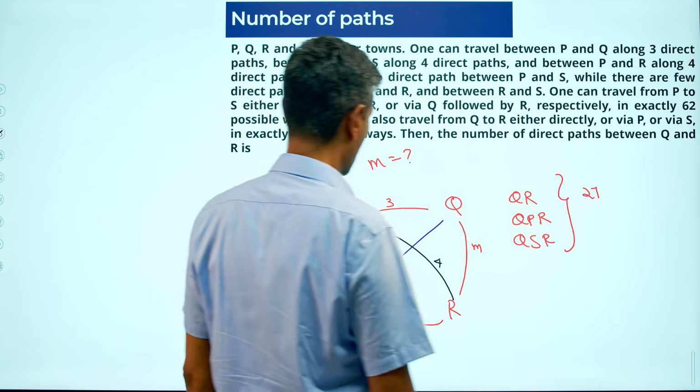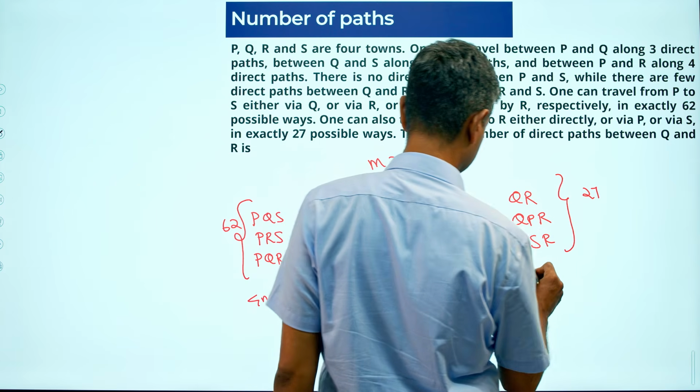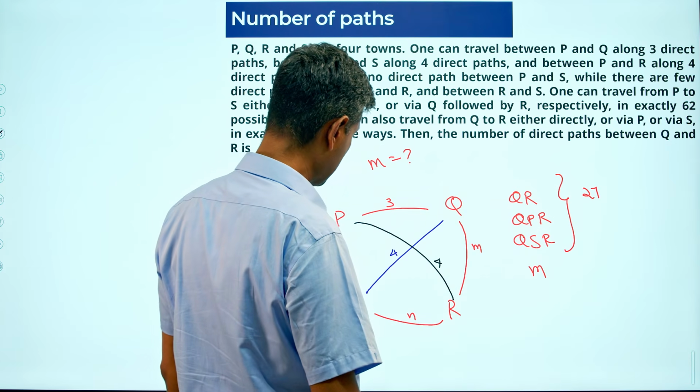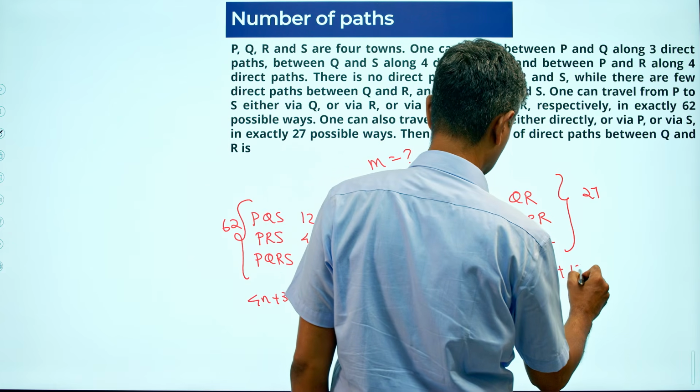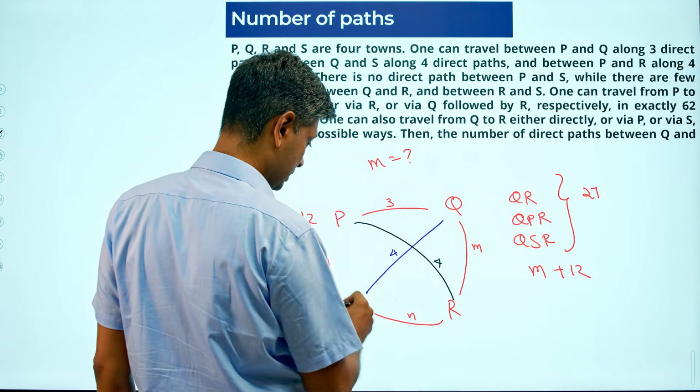Let's go here. QR is M. QPR is 12. QSR is 4N.